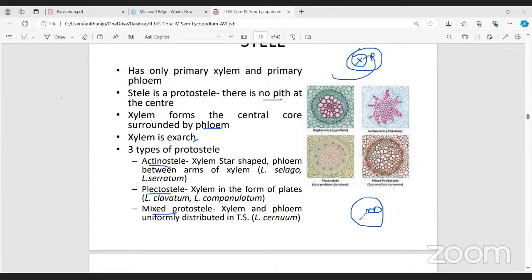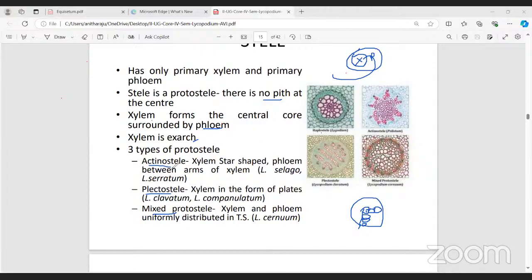If the small first-formed xylem is present at the center, that is endarch condition. If it is the reverse, the first formed xylem is outside and development proceeds toward the center, that is called exarch condition. So development of the xylem from outside to center is exarch condition, center to outside is endarch condition. That's it.